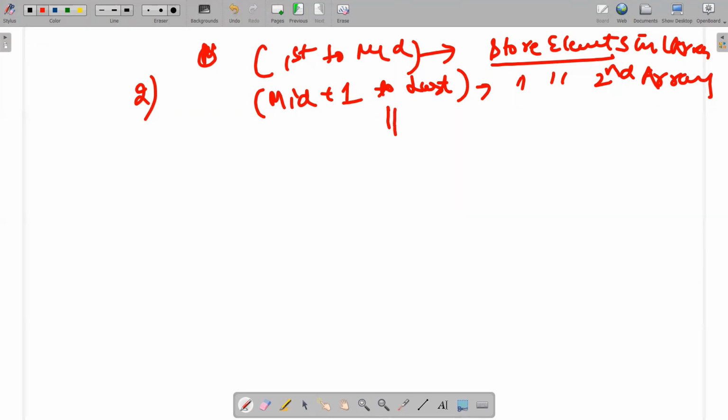Then, to sort the elements, the entire merge operation is applied.